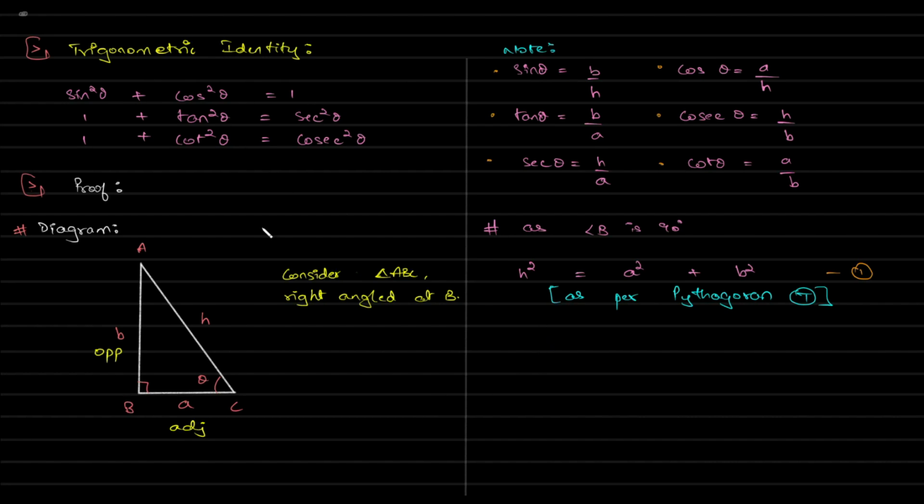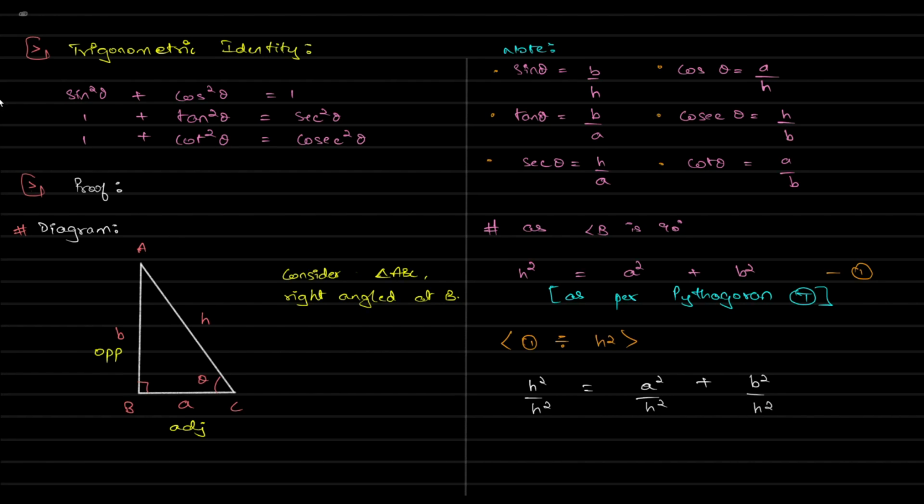So the very first expression, you can get by dividing equation 1 by H square. If I do this, let's see what happens. H square by H square will be 1, is equal to A square by H square plus B square by H square.